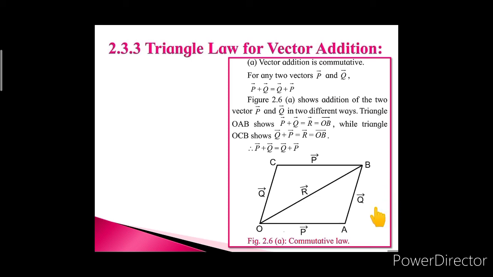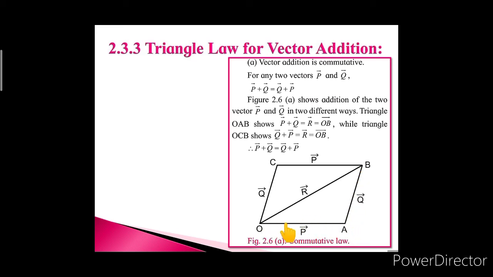First of all, in this figure, the addition of the two vectors P and Q is taken in two different ways using the triangle law of vector addition. First, vector P is added with vector Q. Vector P is the side OA of the triangle and vector Q is the side AB.